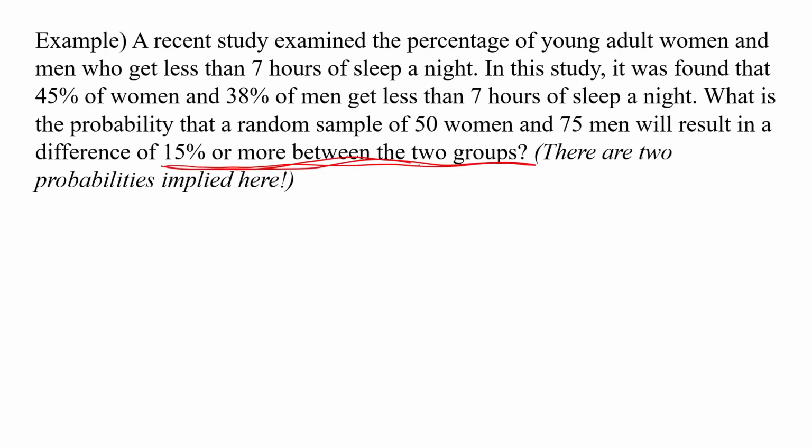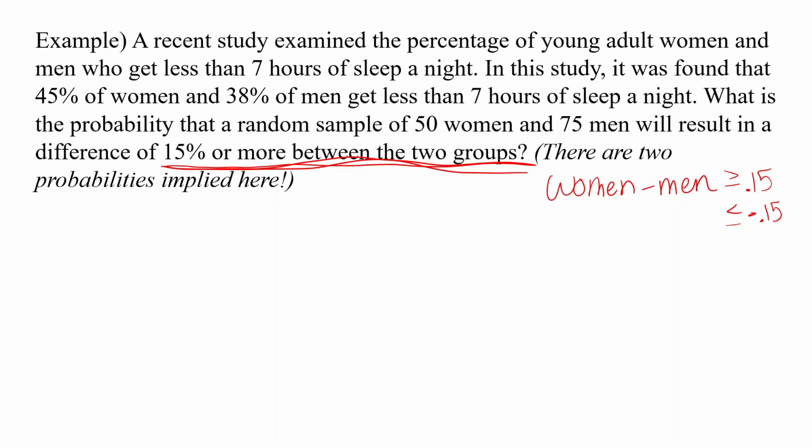Now, in this wording, there are actually two probabilities implied here that we are going to find, okay? Because they want to know 15% or more between the two groups. They don't say which direction. So if it's greater than 0.15, or if that difference is less than negative 0.15.